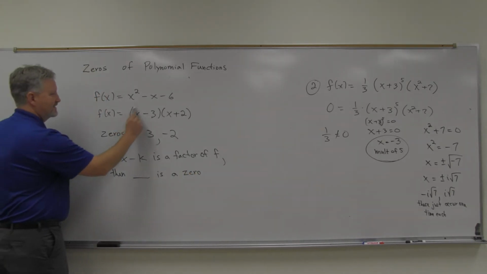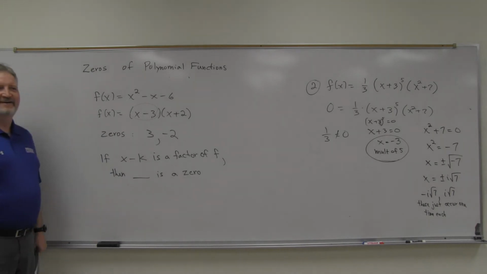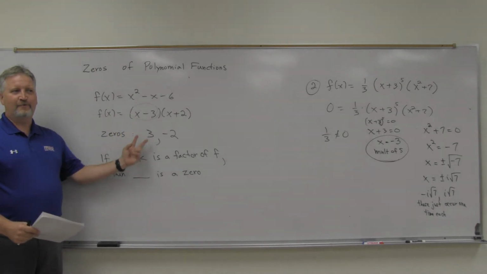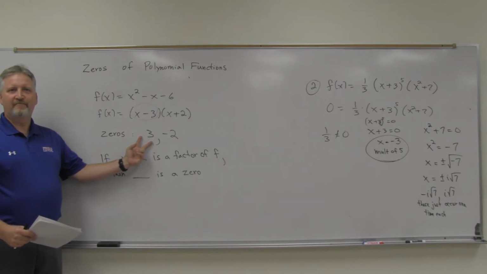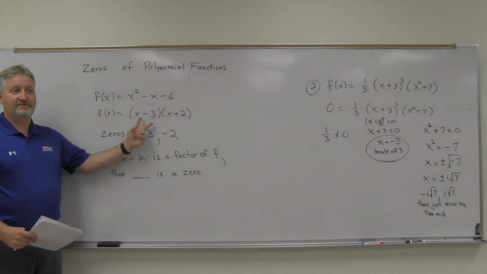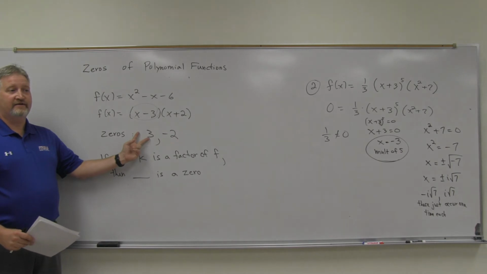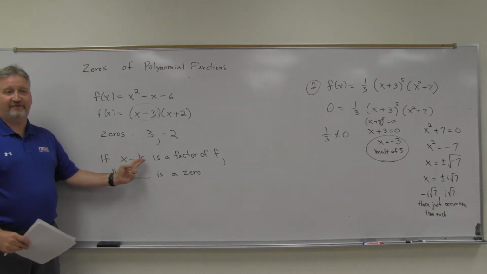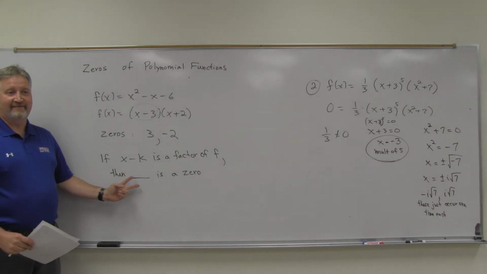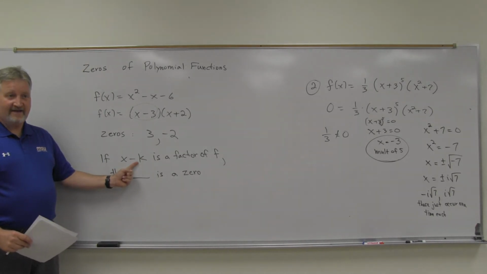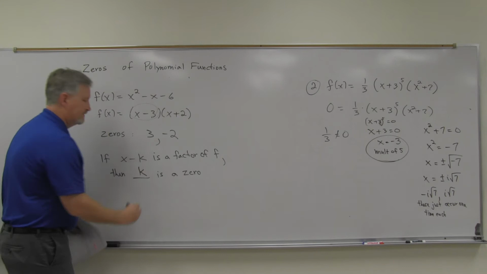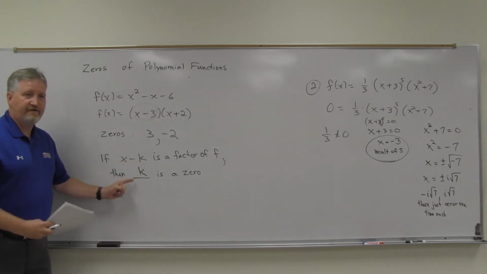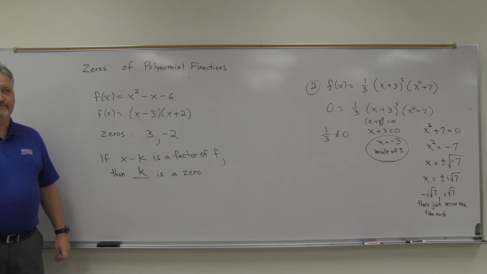Here's an example of what I'm going for. We got x minus 3 is a factor, and what was the zero? Positive 3. So if x minus k is a factor, what's a zero? k. X minus k is a factor, k is a zero.